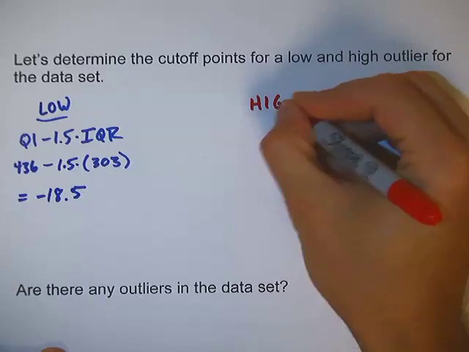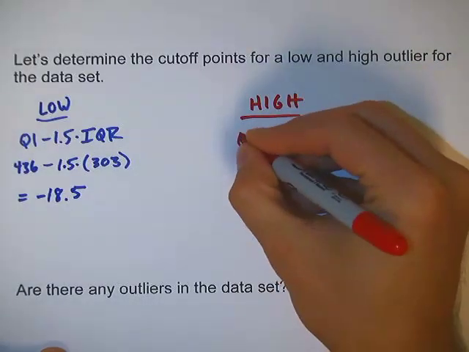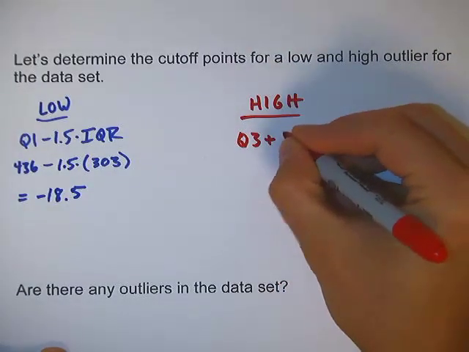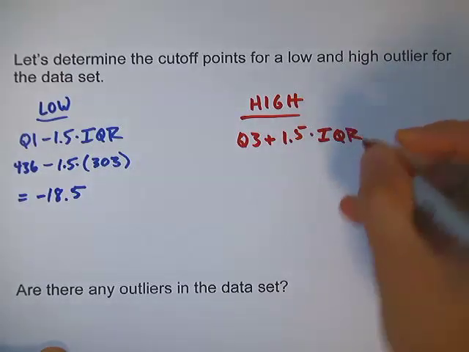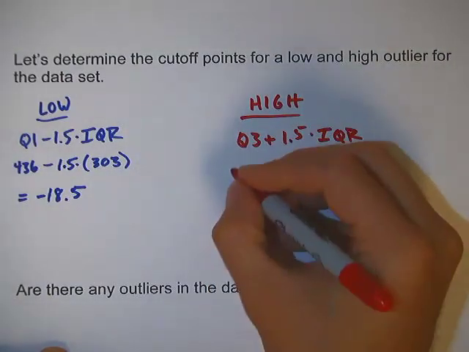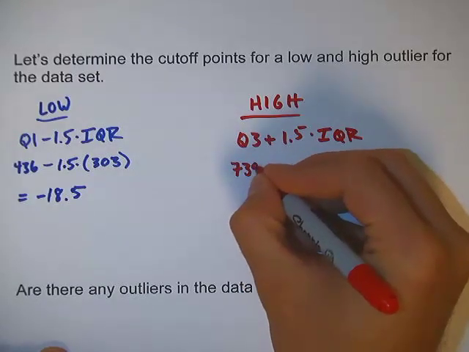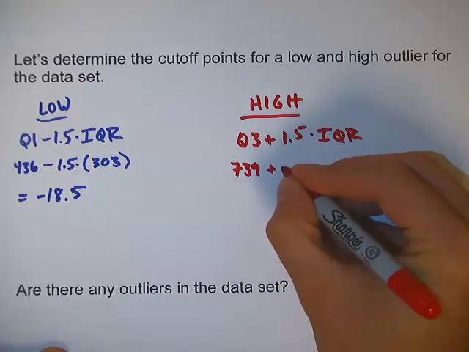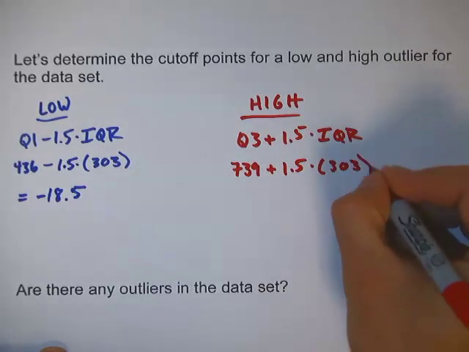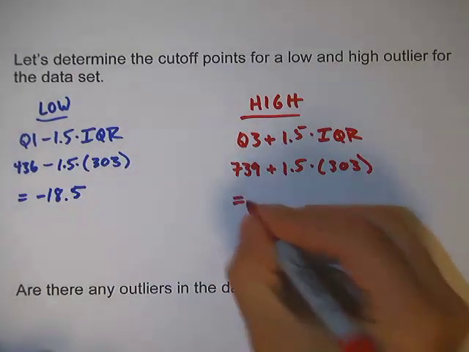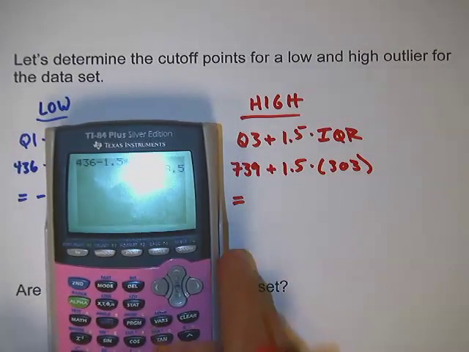So now a high outlier needs to be Q3 plus 1.5 times the IQR. Okay, so Q3, recall, was 739 plus 1.5 times the IQR of 303. Okay, and again, we'll type that into the calculator.